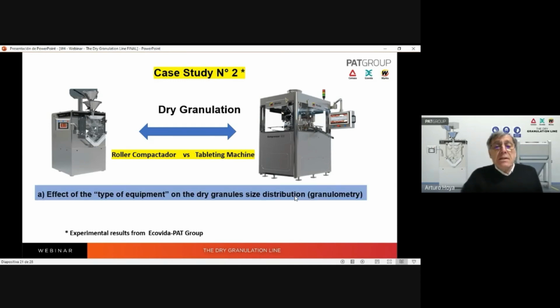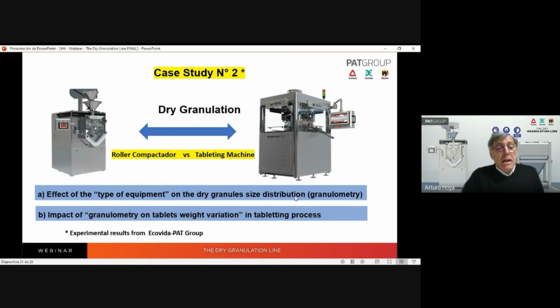In this case study, we will show you, first of all, the effect of equipment type on the dry granulation size distribution, so the impact on the granulometry. And second, the impact of the granulometry on tablet weight variation in the tableting process.